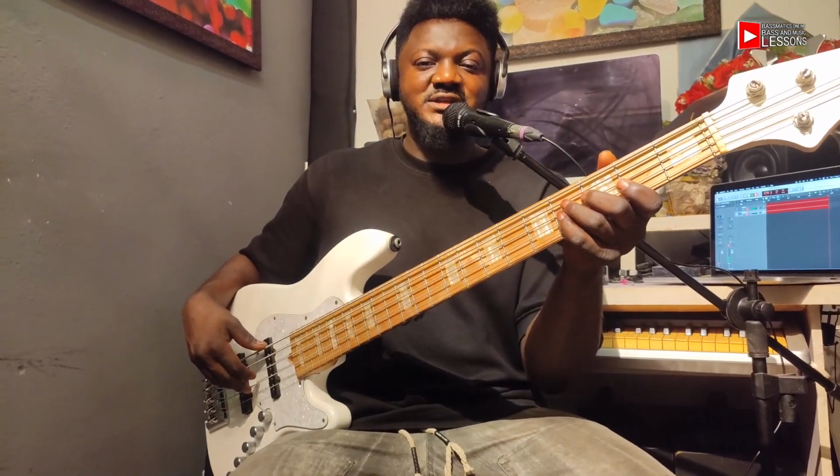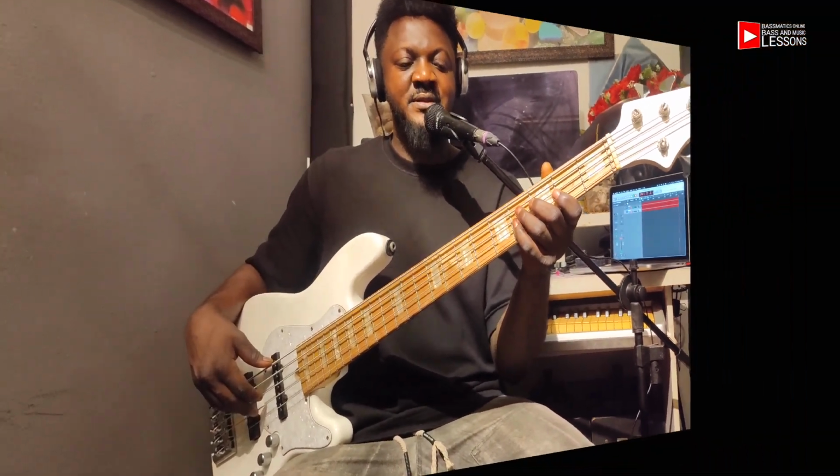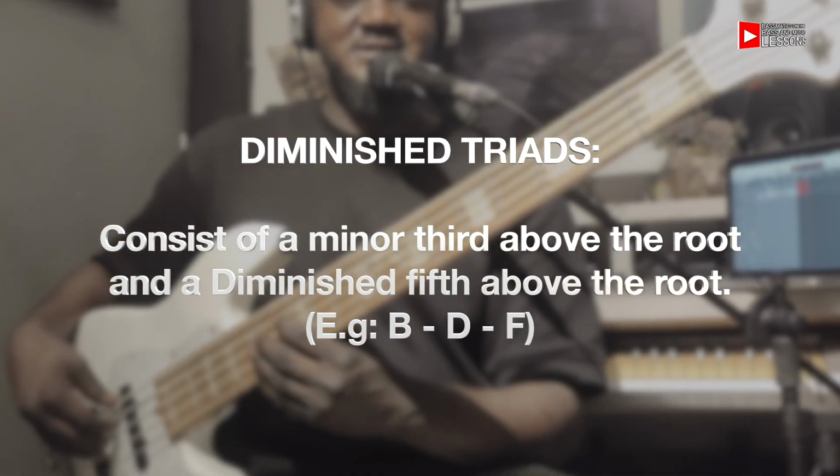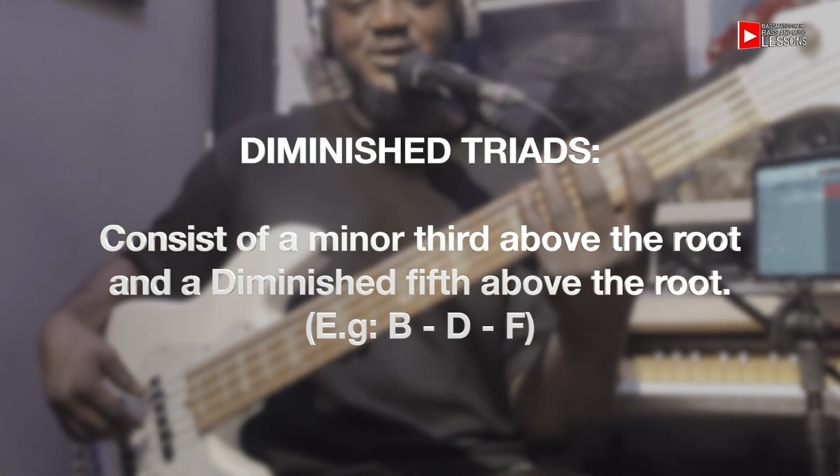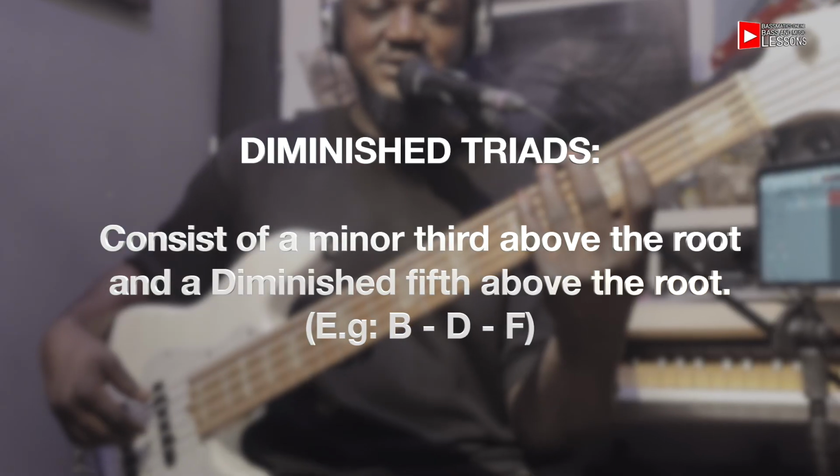Now let's do diminished triads. Diminished triads consist of, of course, the root, a minor third, and a diminished fifth.